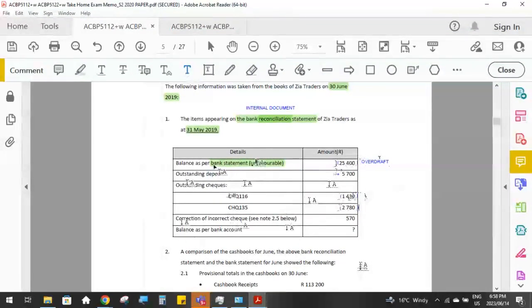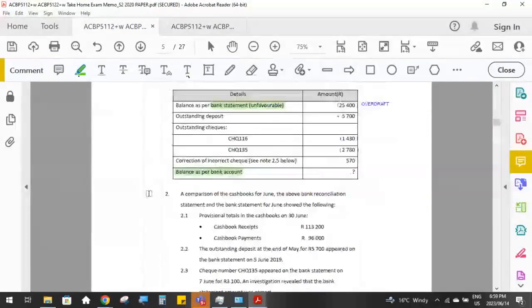And then there was a correction of an incorrect check. See note 2.5 below. We'll go and see now if that was an increase or a decrease. And then with that information, we then had to calculate what was the closing balance as per the bank account as at the 31st of May.